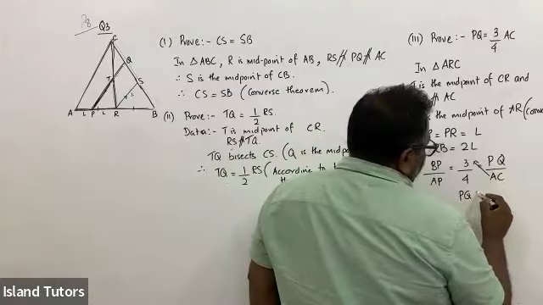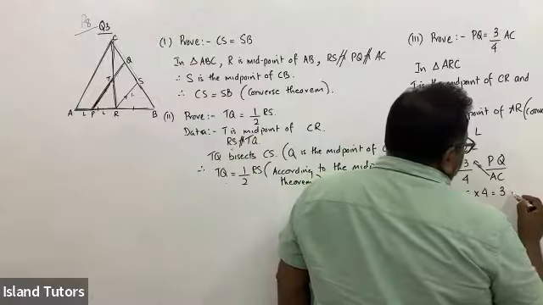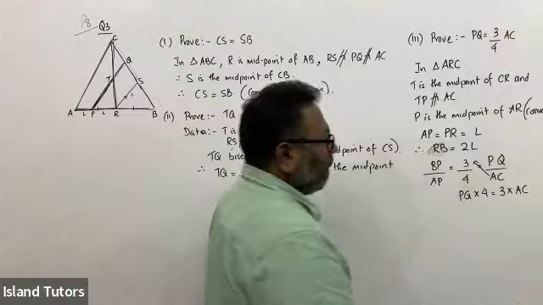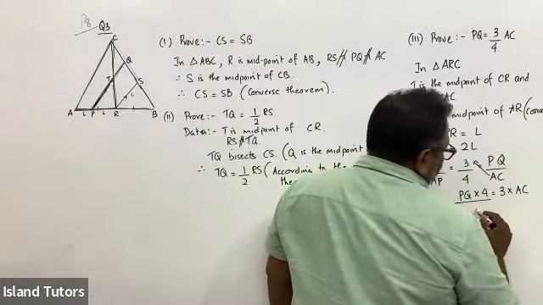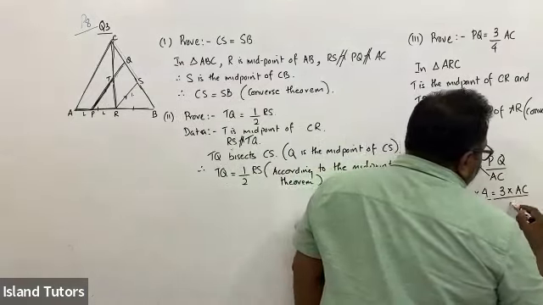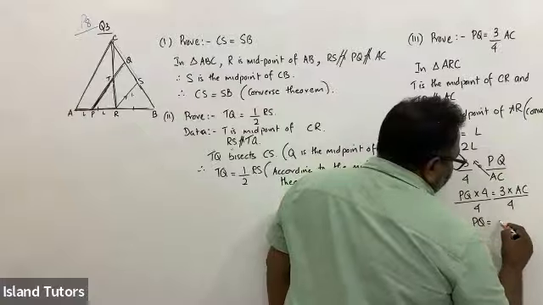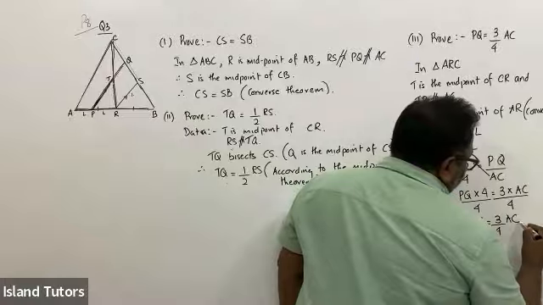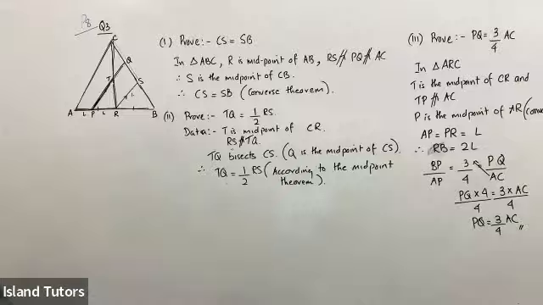PQ into 4 is equal to 3 into AC, then divide by 4, we get PQ is equal to 3/4 of AC. Okay. Bit of a tricky question.